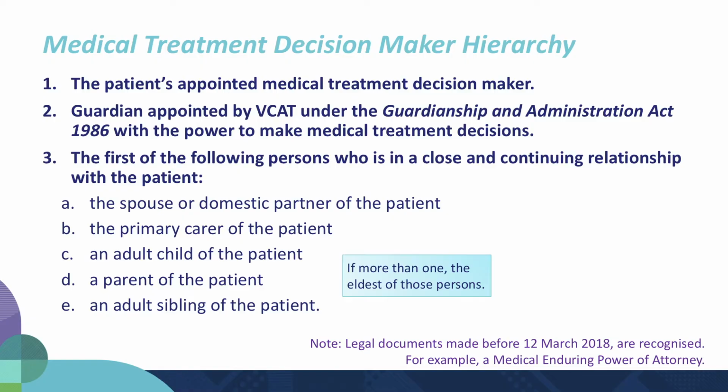And if they don't have either of those first 2, which most people won't, so for most people we're looking at someone in category 3, which is the first of the following people who's in a close and continuing relationship with the patient.